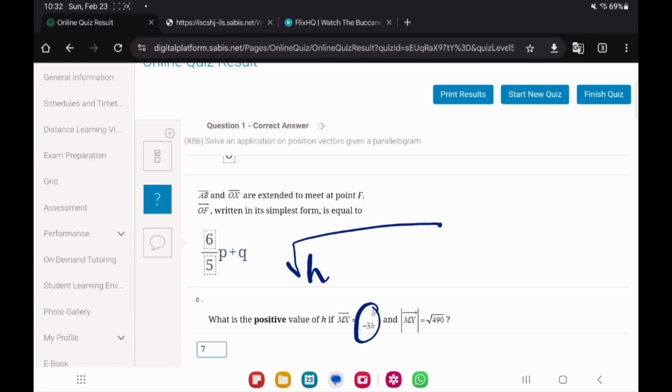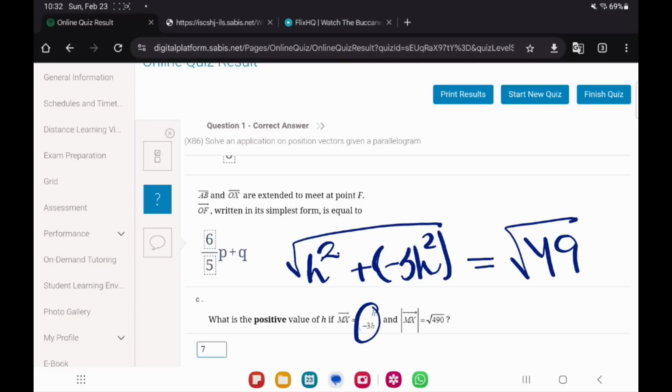squared, h squared plus minus 3h squared, okay, equals radical 490. Okay, now let's simplify what's under the radical.